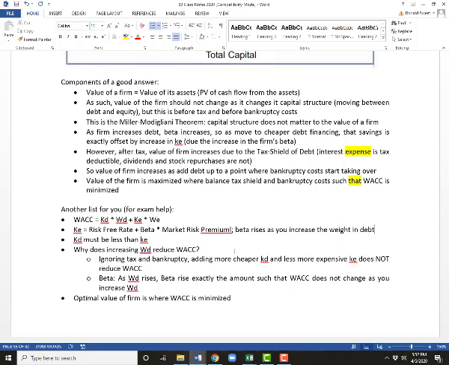So that's an important component. That could be your answer, and it's in there. I have it in my notes, but you might actually use the formula to show that as you increase that, beta goes up, and so your KE goes up, and so the increasing WD is offset by the increasing KE.